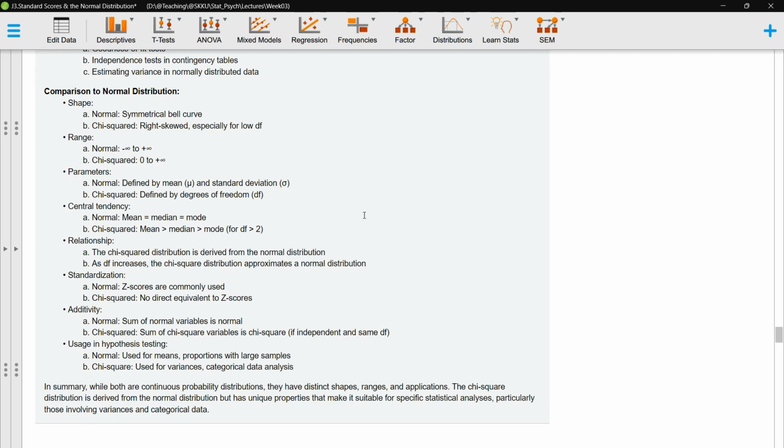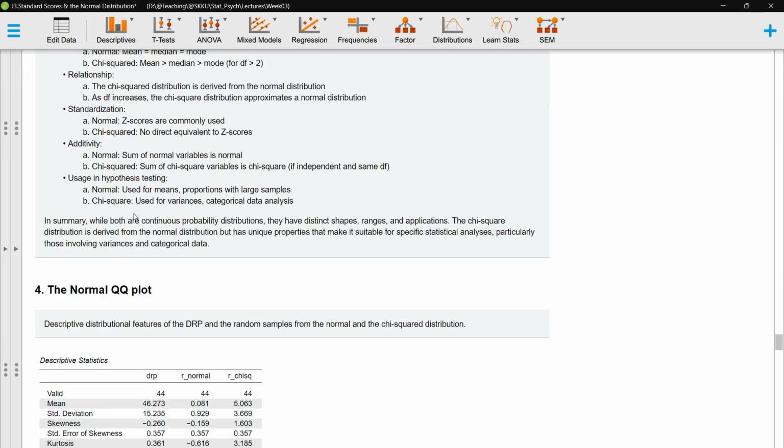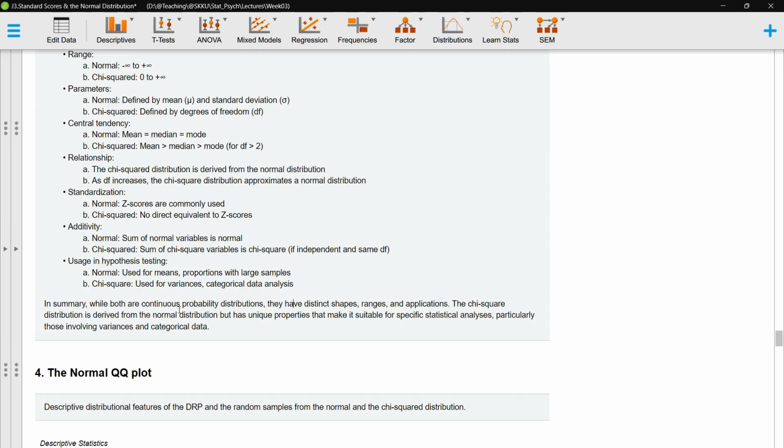So in summary, both are continuous probability distributions. They have distinct shapes, ranges, and applications. The chi-square distribution is derived from the normal distribution, but has unique properties that make it suitable for specific statistical analyses, as explained before, particularly those involving variances and categorical data. So we will see this part later.